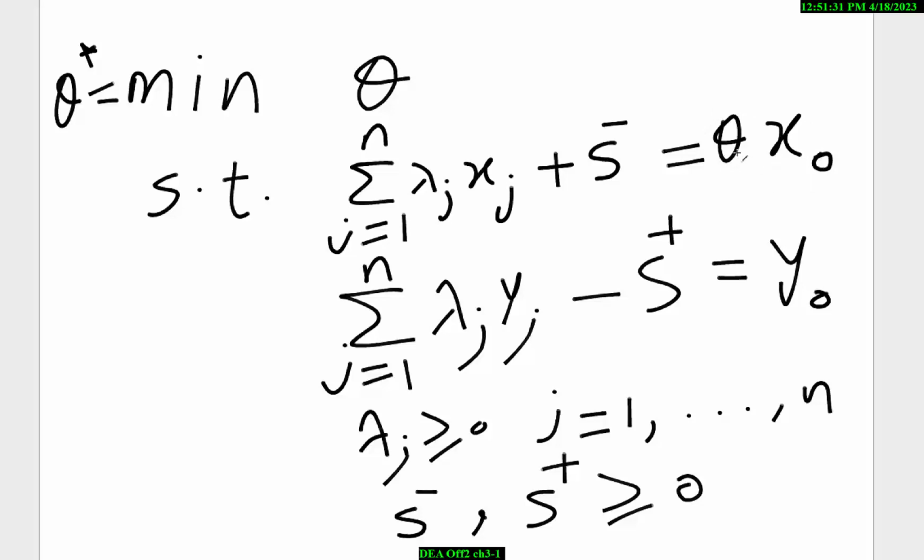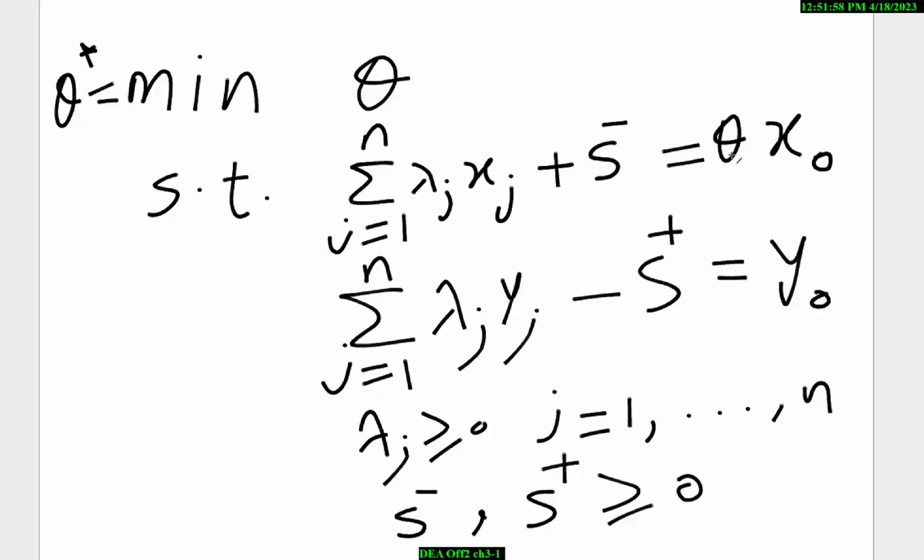When theta star is 1, it means that we cannot have a combination that uses a ratio less than 1 of inputs to produce the outputs.